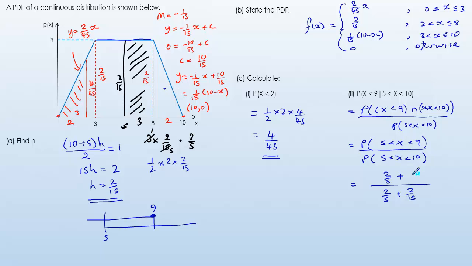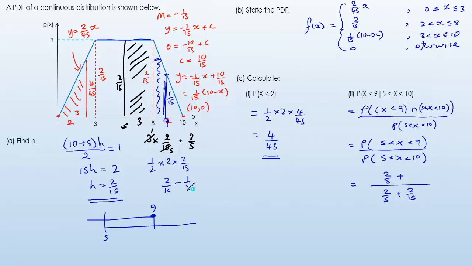And if we just go to 9, then it's going to be this trapezium here. So we could look at that as actually the 2/15 take away this triangle here. Now we're using this function in this one, so if we use 9 here, 10 take away 9 is 1, so 1/15 is the height of this triangle.